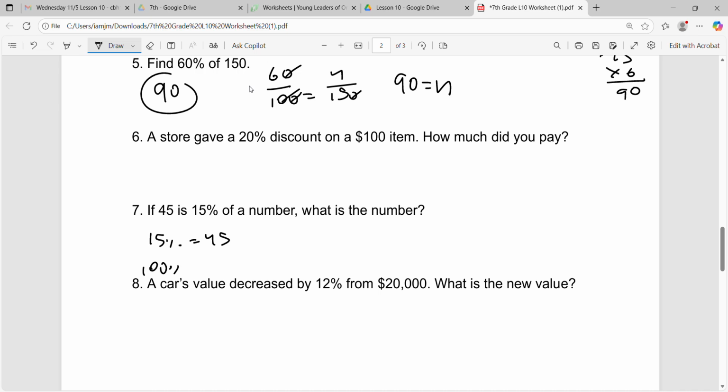To find the 100%, we can use the same equation I showed you earlier. Just input the different information depending on what you're provided with. So 15 over 100 is equal to 45 out of the original number n.